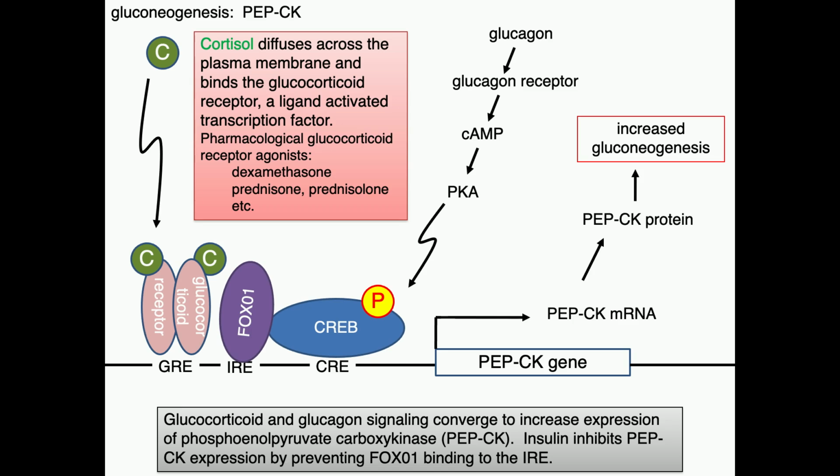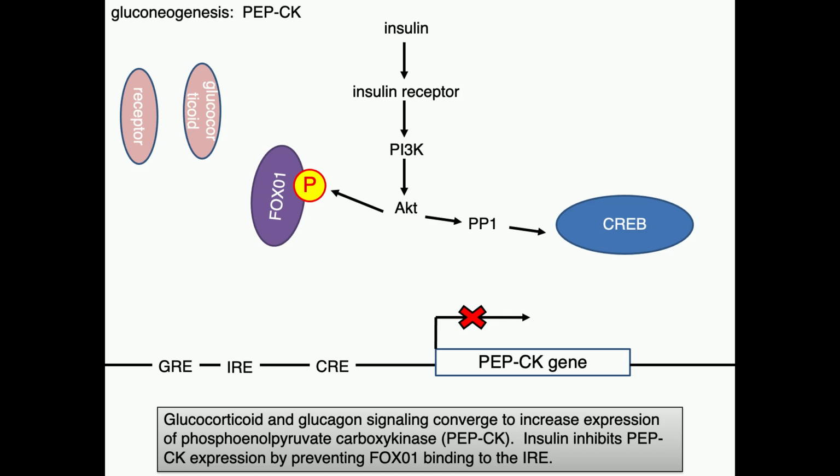Okay, so gluconeogenesis is a fasted state process, and we want to turn it off in fed state metabolism. All right, and the way that we do that is, as you could imagine, with insulin signaling. So insulin signaling feeds into the AKT, also known as protein kinase B. The protein kinase B then activates protein phosphatase 1, and recall from our discussion of glycogen metabolism that protein phosphatase 1 is like a protein kinase A eraser.